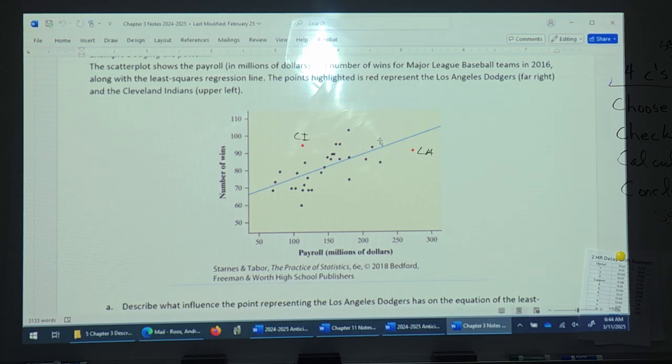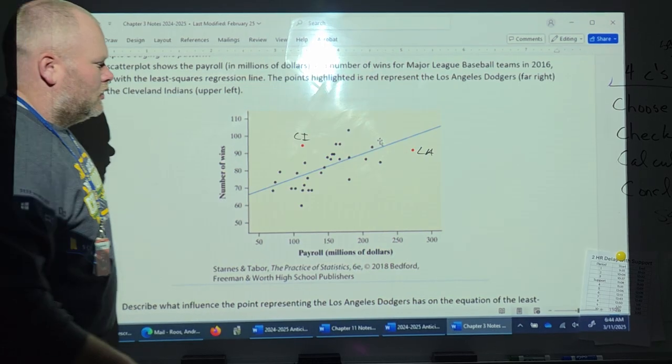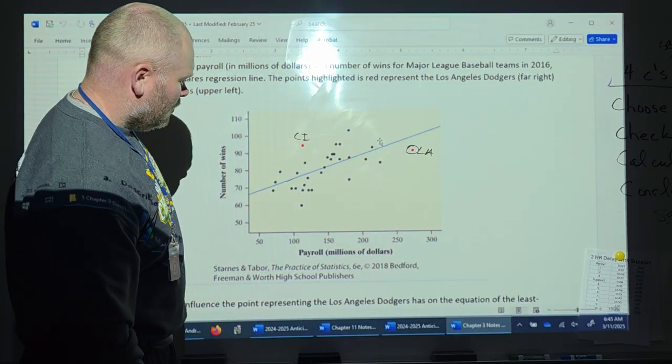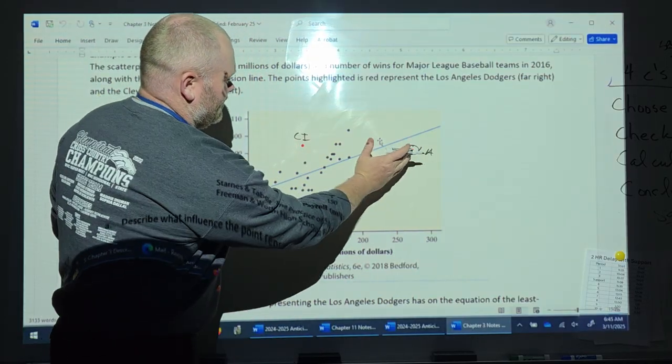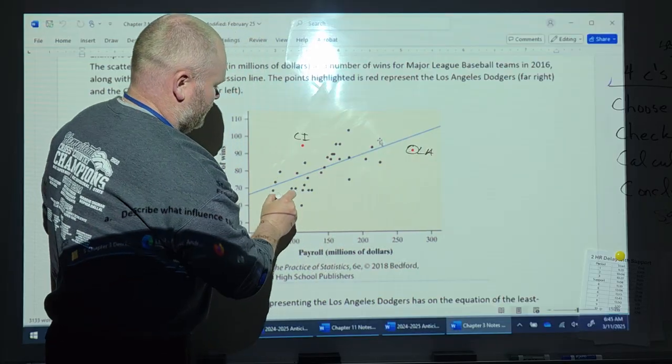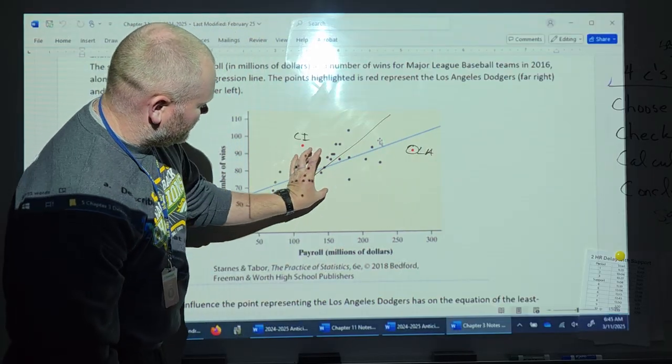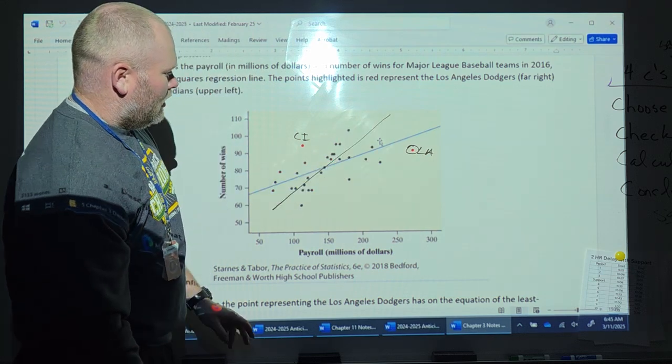So part A, describe what influence the point representing the LA Dodgers has on the equation of the least squares regression line. Okay, so what is this point doing to this line? Well, it looks like if we didn't have this point, the regression line might be right through the center of the black points here.